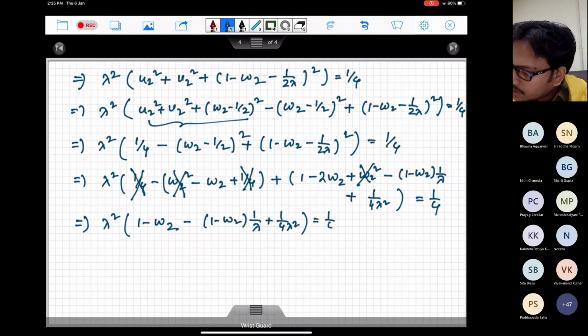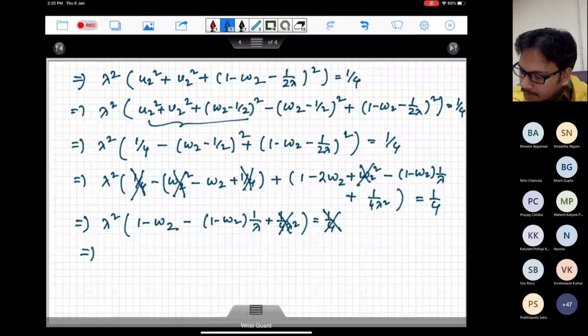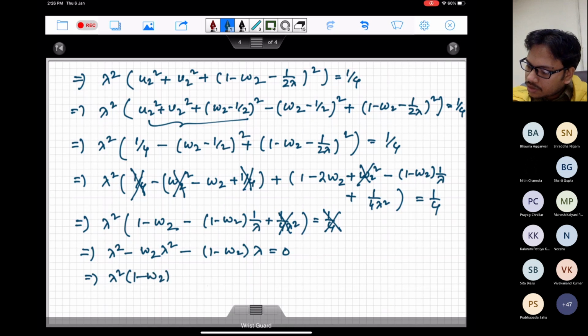This is what I have, equal to 1 over 4, and if I multiply by lambda, again this part is going to get cancelled with this thing. So eventually what do I have? I have lambda squared minus omega 2 lambda squared minus 1 minus omega 2 lambda is equal to 0. Fine, so here I can take lambda squared common, so (1 minus omega 2) minus (1 minus omega 2) times lambda is equal to 0.